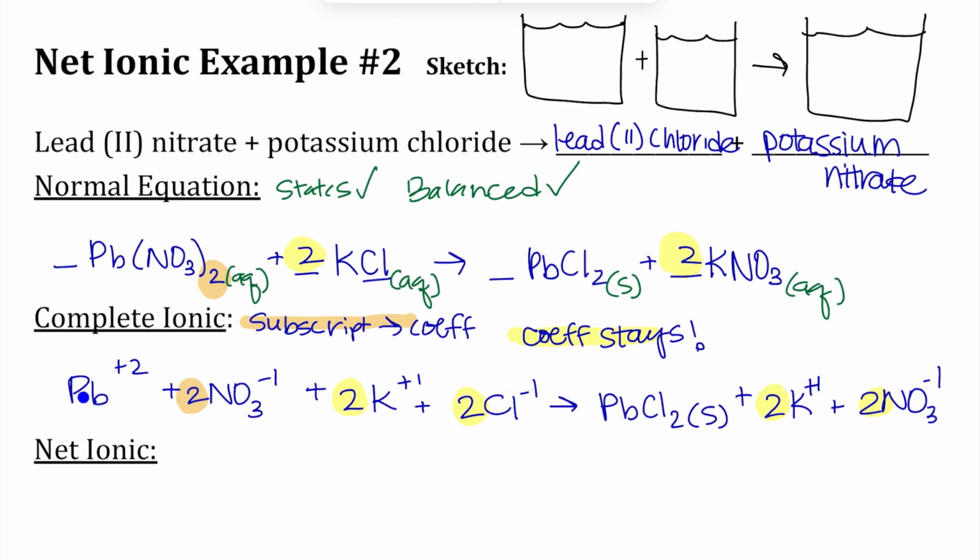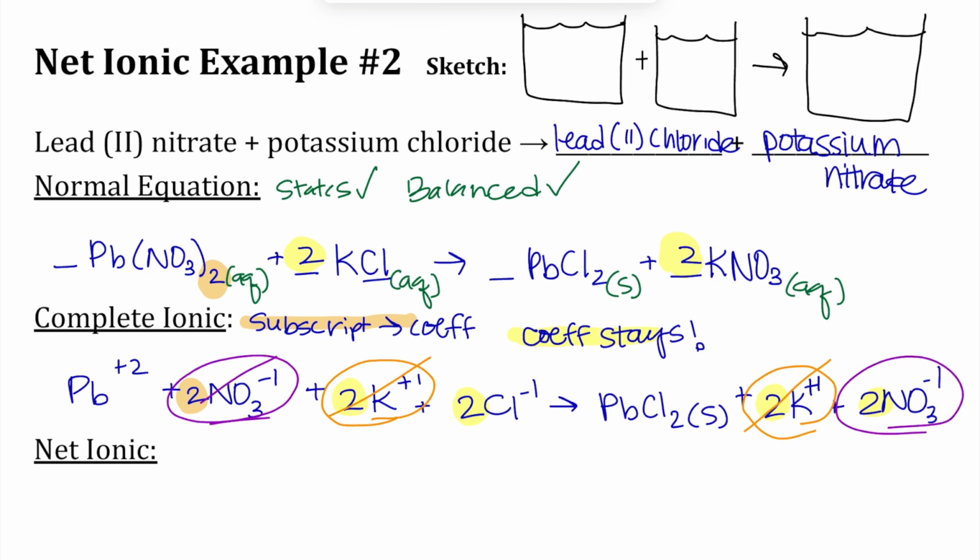So looking for what things are the same, a good indicator is, okay, my lead chloride is what is staying a solid, these other two spectator ions should cancel from my reaction. And I do. I have two K+ on both sides, so those are going to cancel out. I have two NO3- on both sides, so those are going to cancel out.